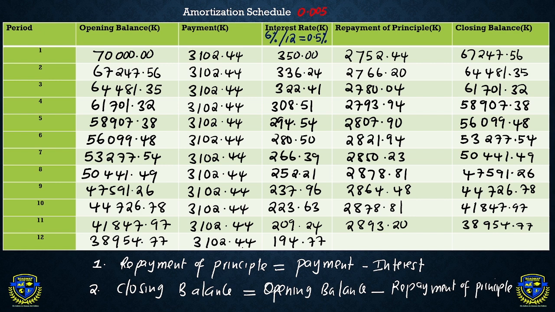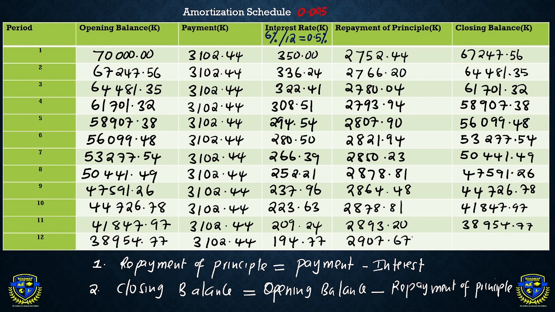Subtracting the 194.77 from 3,102.44. That is going to give us the repayment of the principal to be 2,907.67. 2,907.67 being subtracted from 38,954.77.